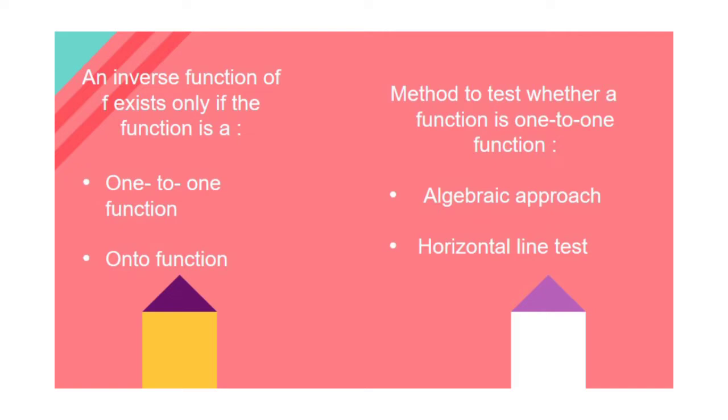Properties of inverse function. An inverse function of f exists only if the function is a one-to-one function and an onto function. Methods to test whether a function is one-to-one are the algebraic approach and the horizontal line test.